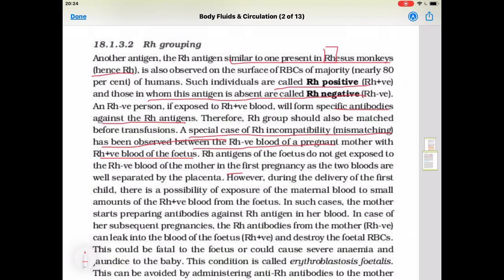Mother is Rh negative and in the womb the child is Rh positive. In the first pregnancy nothing will happen, but at the time of delivery some mixing of the blood between the mother and the fetus will occur. Now the mother's body will develop antibodies against that Rh antigen.